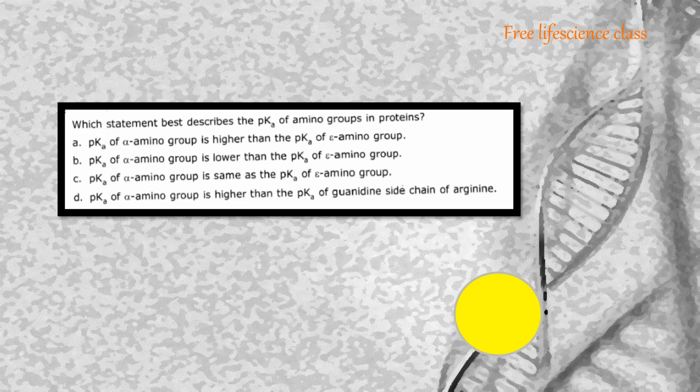Yes, time up. The answer for this question is that the pKa of the alpha amino group is always lower than the pKa of the epsilon amino group. So the answer for this question is option B.